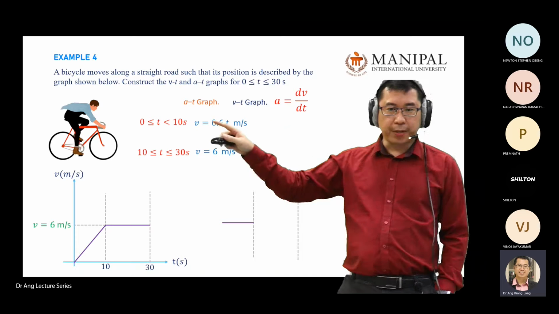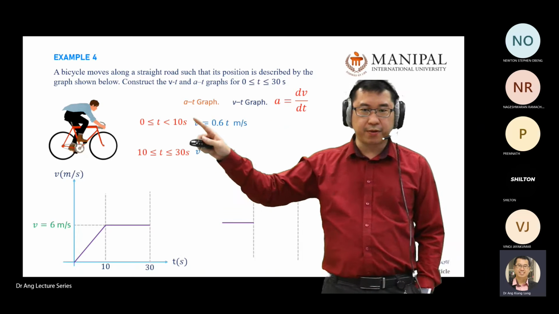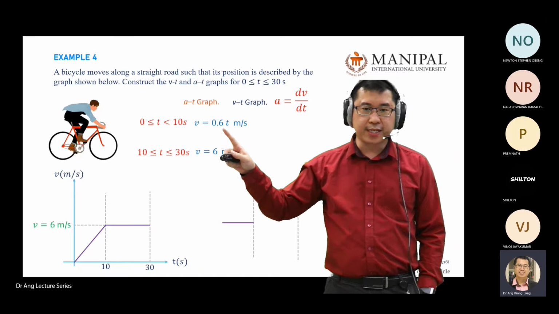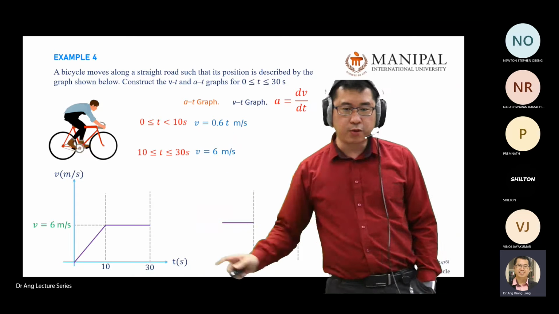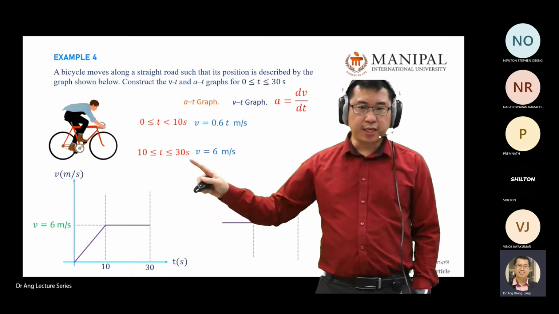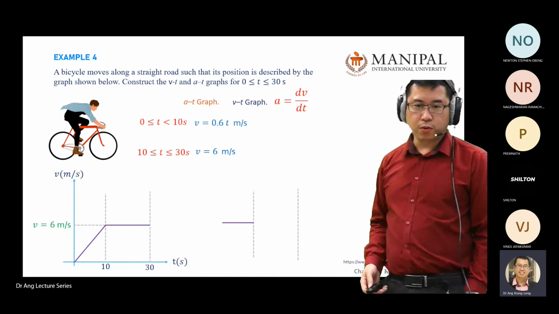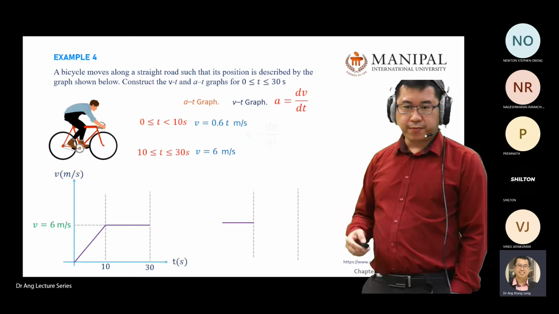So again, you copy the information that you get from the previous calculation. From 0 to 10, you get V equal to 0.6 T, which is a linear equation. And 10 to 30 is V equal to 6 meters per second. So you want to plot the graph.